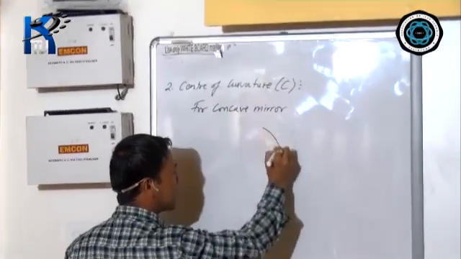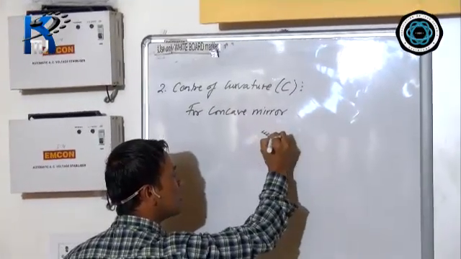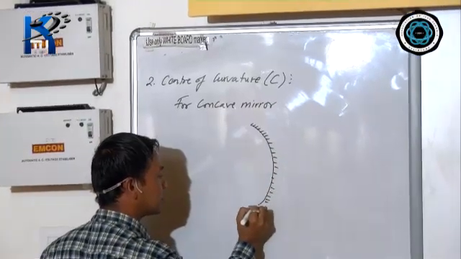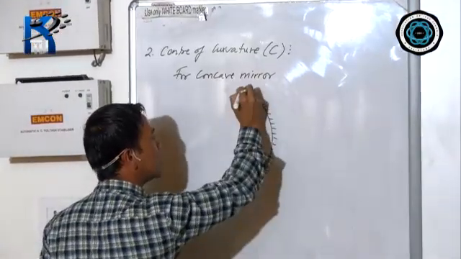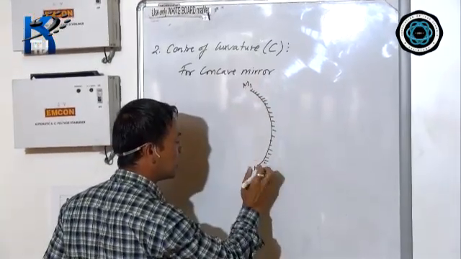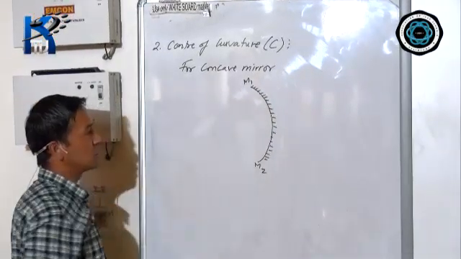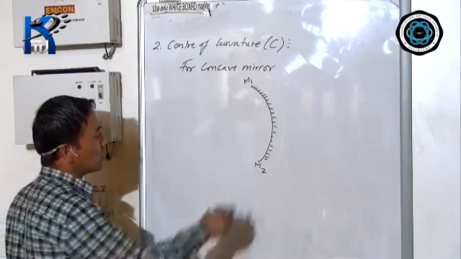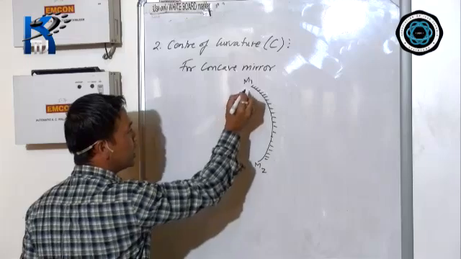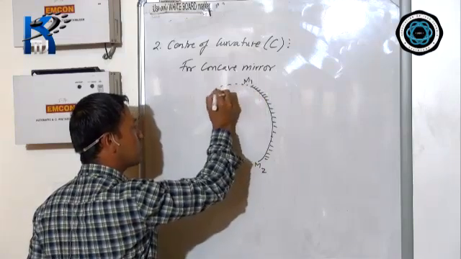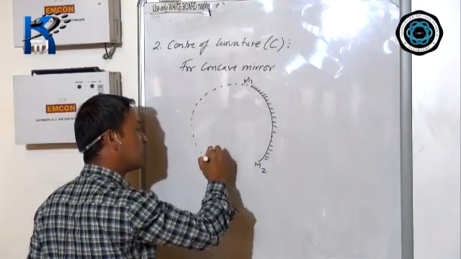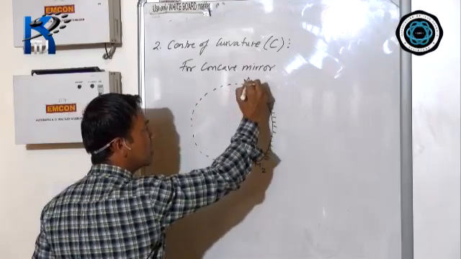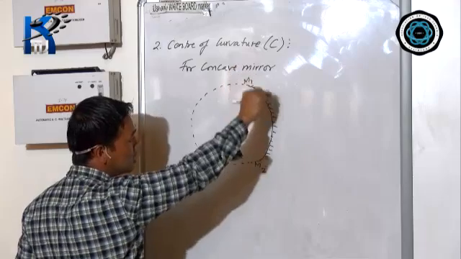Now you can see again the diagram of the concave mirror. I'm marking M1 and M2. So this is a concave mirror that we already learned. Now this concave mirror is a part of the hollow sphere. So again I'm drawing a dotted, imaginary line, just to understand that this is a hollow sphere and this particular part is a concave mirror.